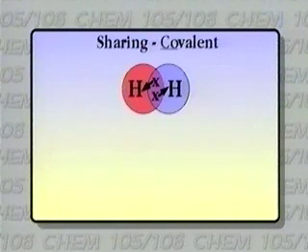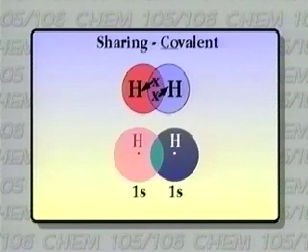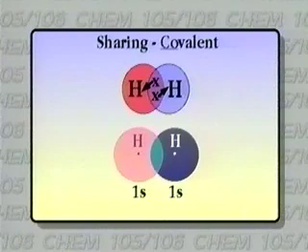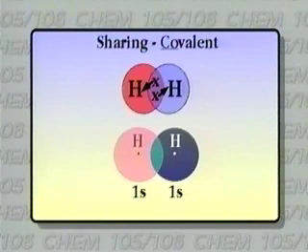Now we can show this in sort of a picture form as well here. Putting together here, we're saying, all right, we had a hydrogen. It had one electron in the 1s. Remember, the 1s orbital is just a spherical space and the electron is in there and it can be anywhere. Matter of fact, it's just a probability plot of where it is.